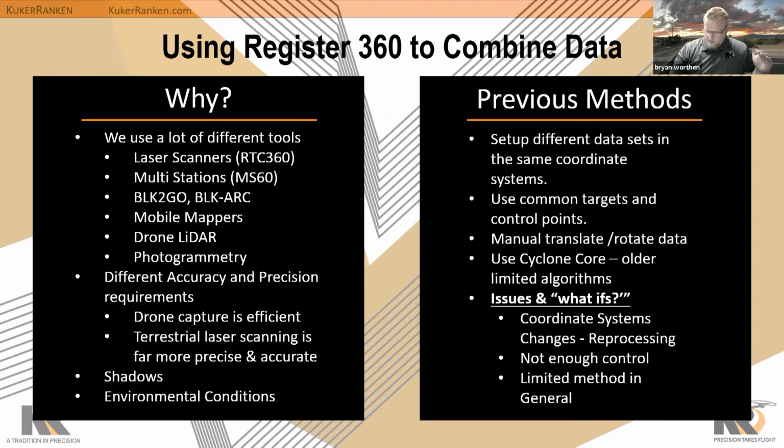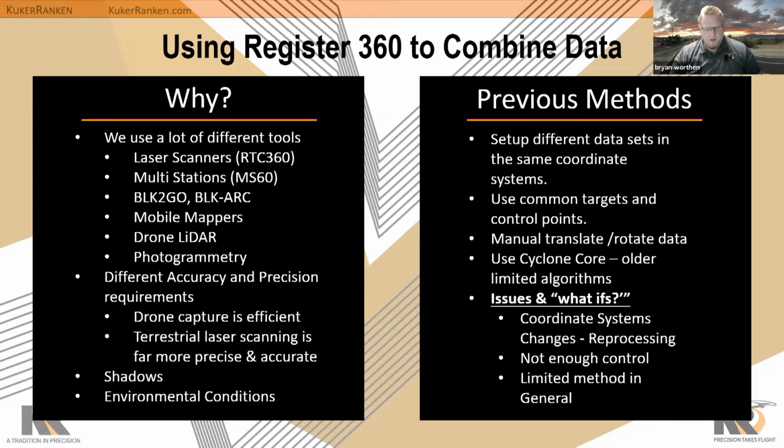Whether it's on the ground scanning, or a total station that scans, or whether it's a drone, we need to have a way to combine them. Another reason would be differences in accuracy. You might fly a drone and use photogrammetry on your dirt work, but on your hardscapes, your critical things, like a spillway on a dam, you're going to want to scan that as opposed to using a drone.